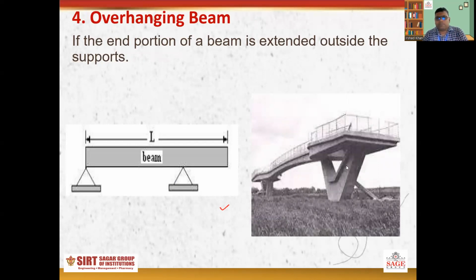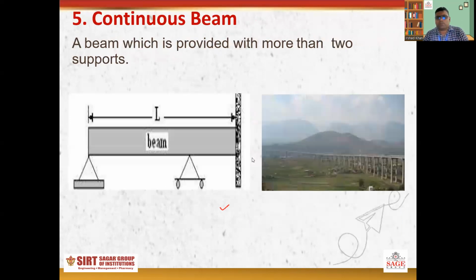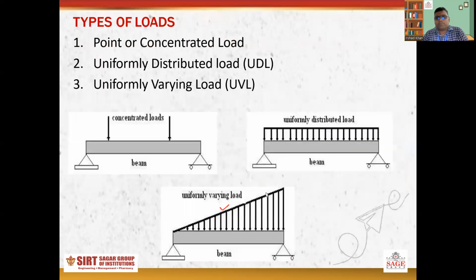If the end portion of the beam is extended outside of the support, this structure is known as overhanging. In continuous beam, you can see with the help of these pictures, when a number of supports are provided to hold a beam, that is called a continuous beam.